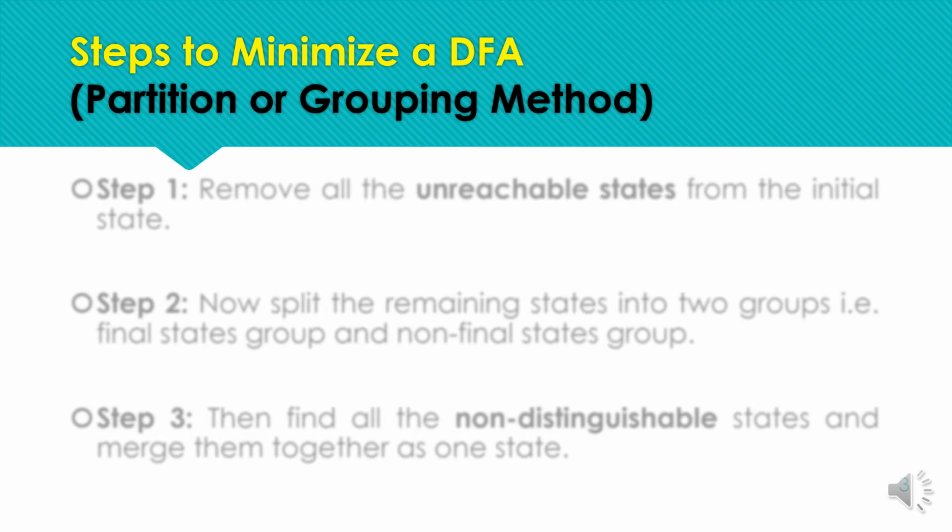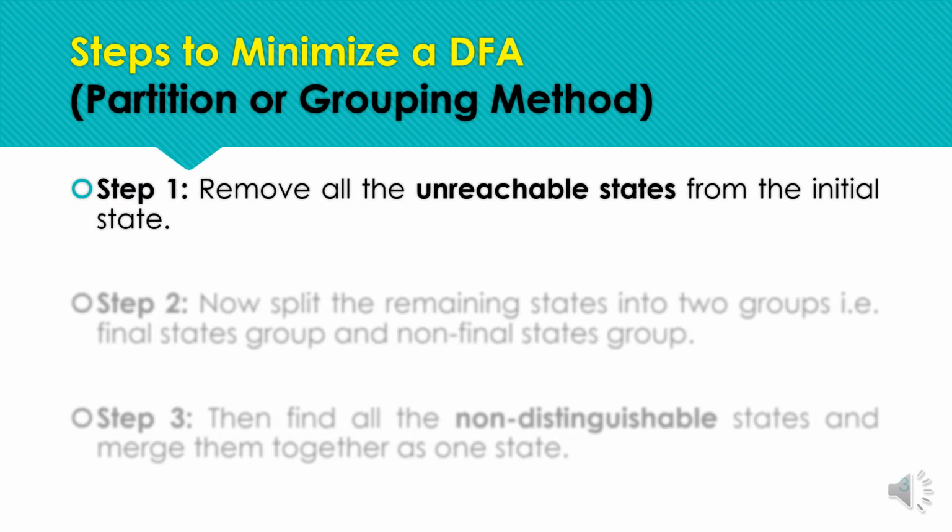In this method, the first step is to remove all the unreachable states from the initial state. For removing these unreachable states, you can work with the transition table as well as the transition diagram. Unreachable states are those states which have no incoming path from any other states, meaning there is no path from the initial state to those states, and we cannot be at those states after receiving any input symbols.